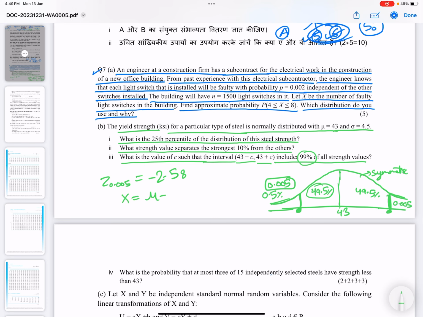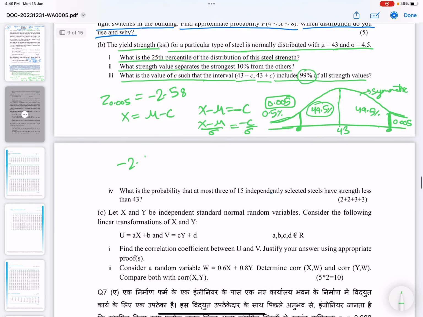X equals mu minus C. Right? Now, with the help of this, we can write x minus mu equals minus C, and x minus mu by sigma equals minus C by sigma. So minus 2.58 equals minus C by sigma. And since sigma was 4.5, the minus signs would cancel out, so C becomes 4.5 into 2.58, which is 11.61.